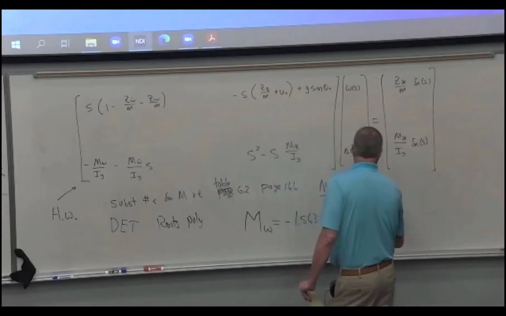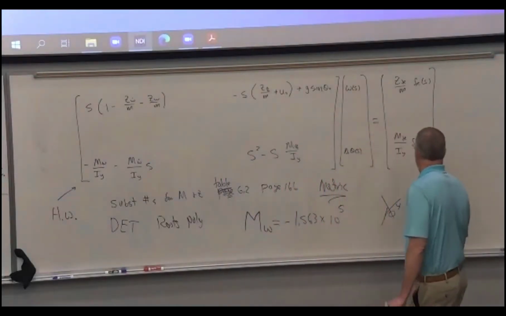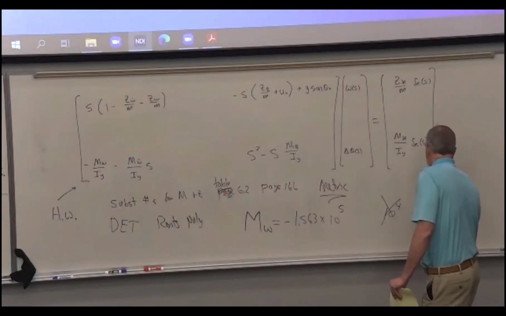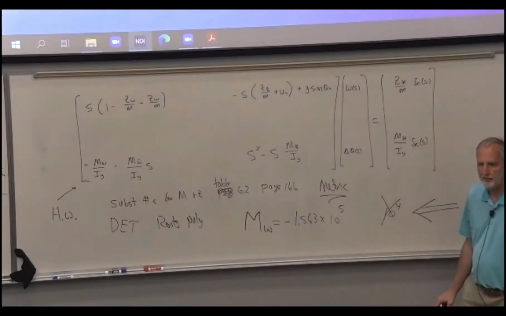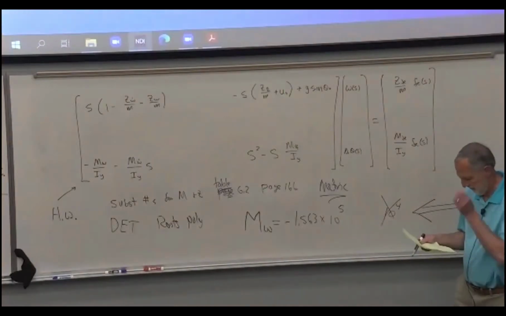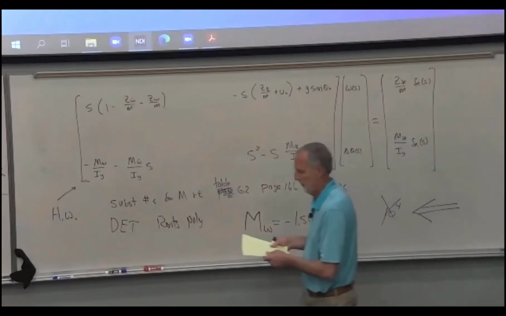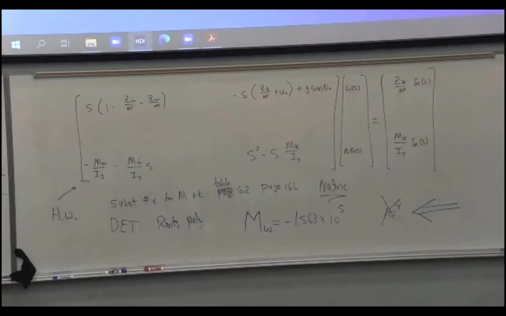The book has 10 to the 4th. It's 10 to the 5th. So make sure you notice this. Pardon?